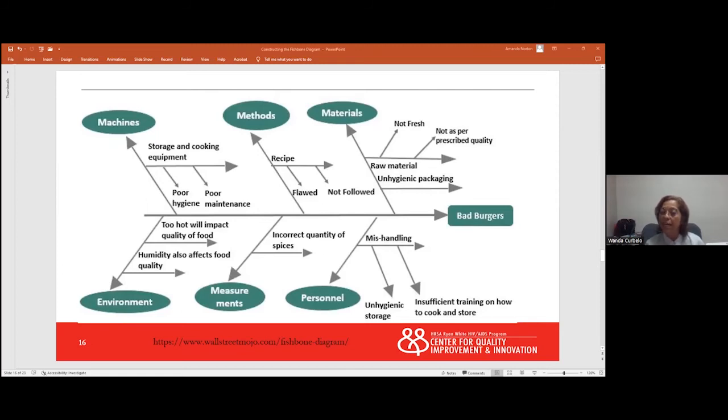So those things that are not under our control, we take apart. We have to look for the causes that we can handle or manage to improve the issue that we have in the fish head.